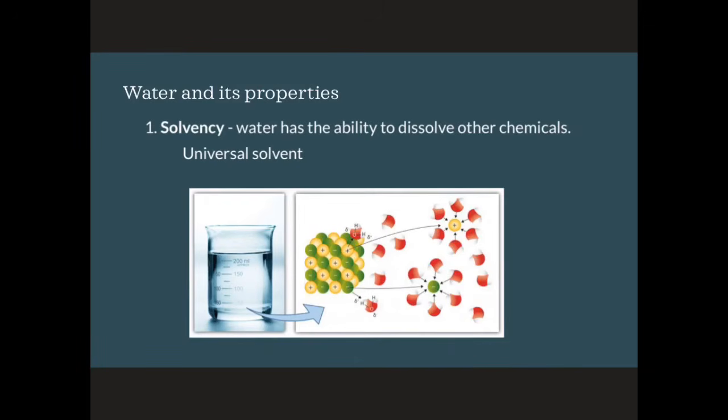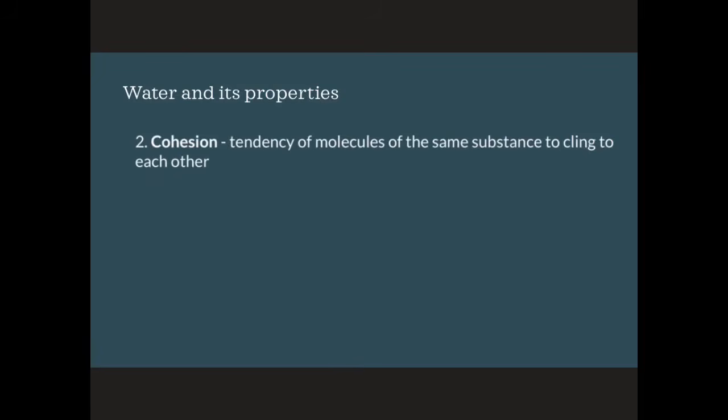The next property is water's cohesion, which is the tendency of molecules of the same substance to cling to each other. We notice on water, when it is not disturbed, that there is a surface tension created by the cohesion between the water molecules as they cling to one another.